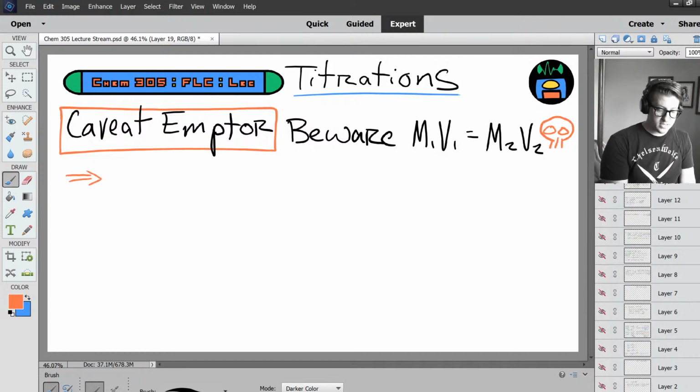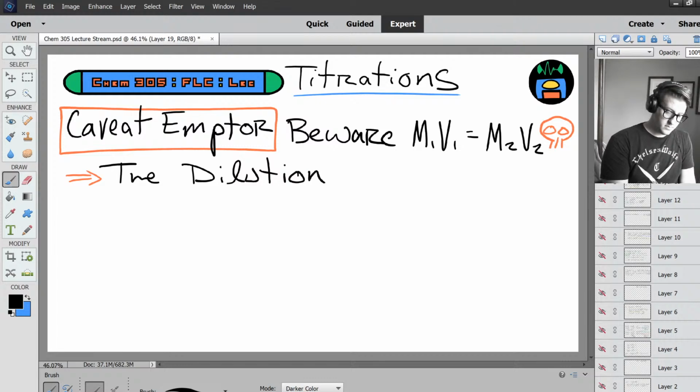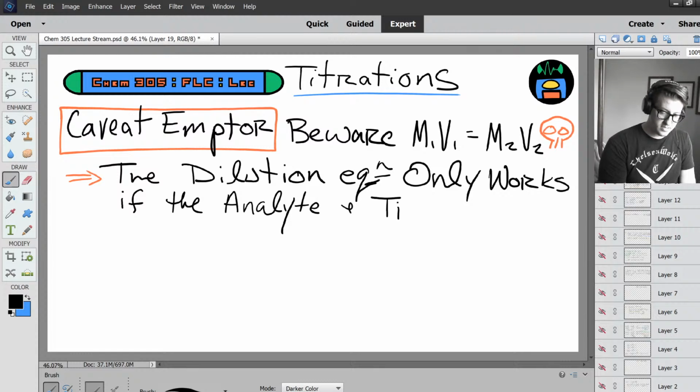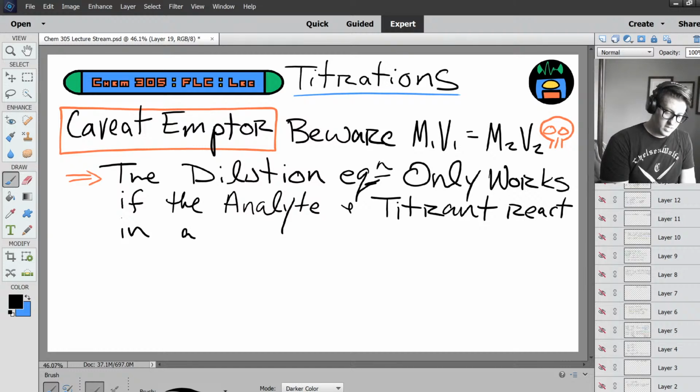You've got to be careful for this reason. The dilution equation only works if the analyte and titrant react in a 1-to-1 mole ratio.